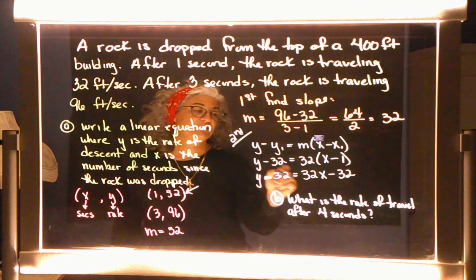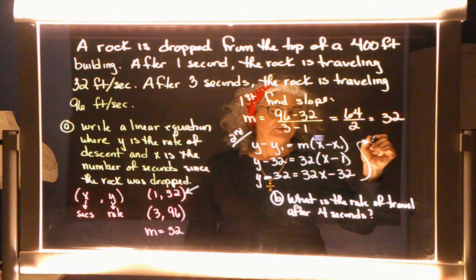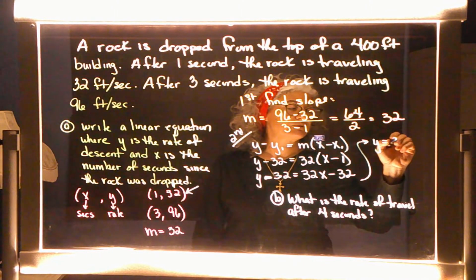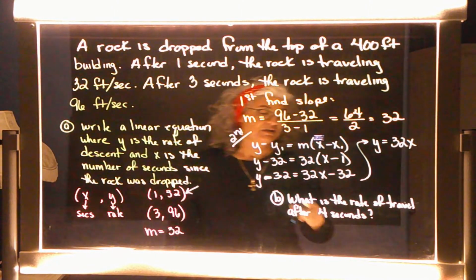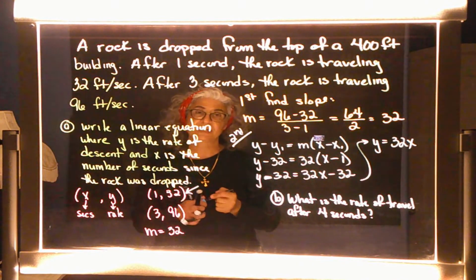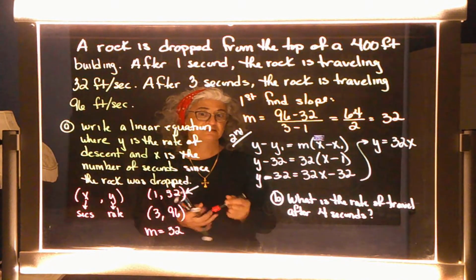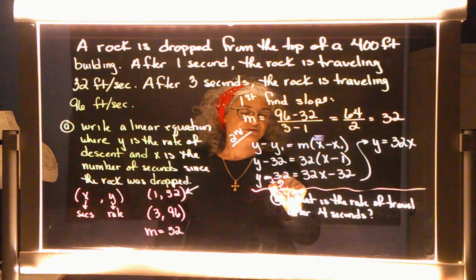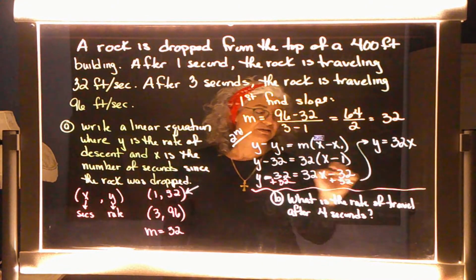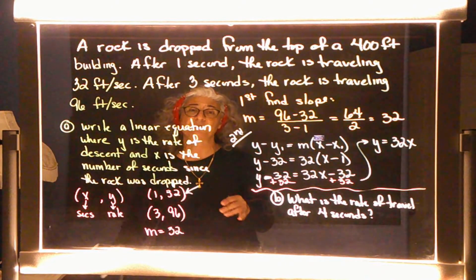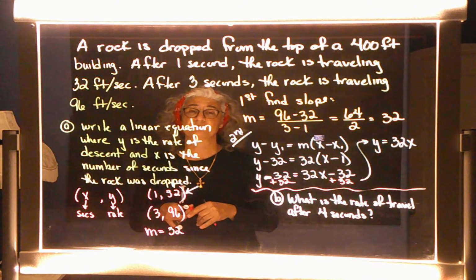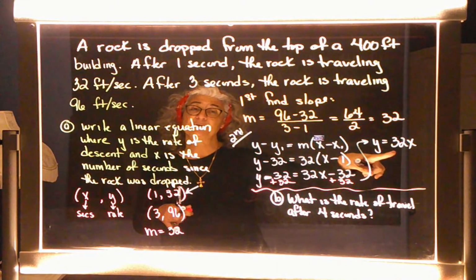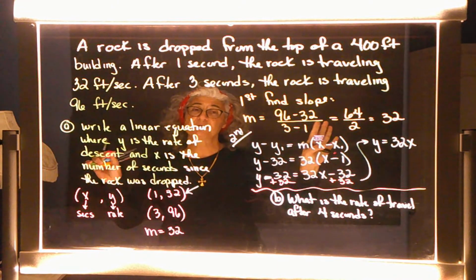Add that 32 to the other side, right? Wow, this looks like y just equals 32x. Because those 32's dropped out when I added it to the other side, didn't they? Well, so be it. If they drop out, they drop out. Good enough. Did I find the equation? I sure did. y equals 32x.